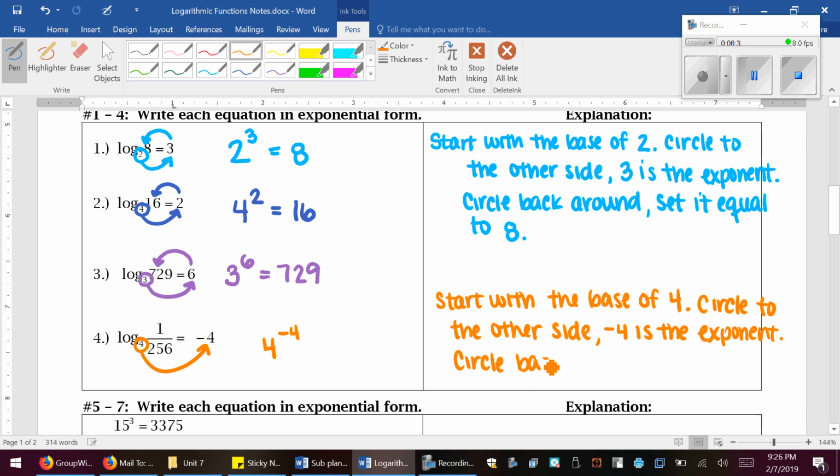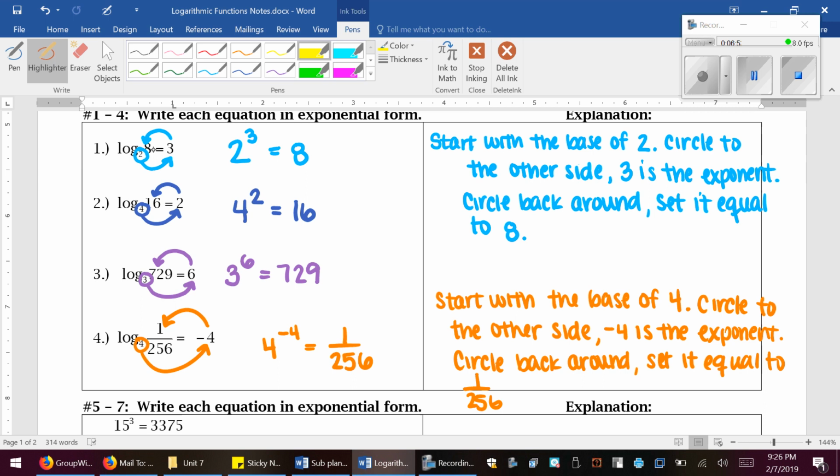Circle back around. Set it equal to 1 over 256. And just to give you one more vocabulary word, this number right here is called the argument, if you'd like to use that in your explanation.